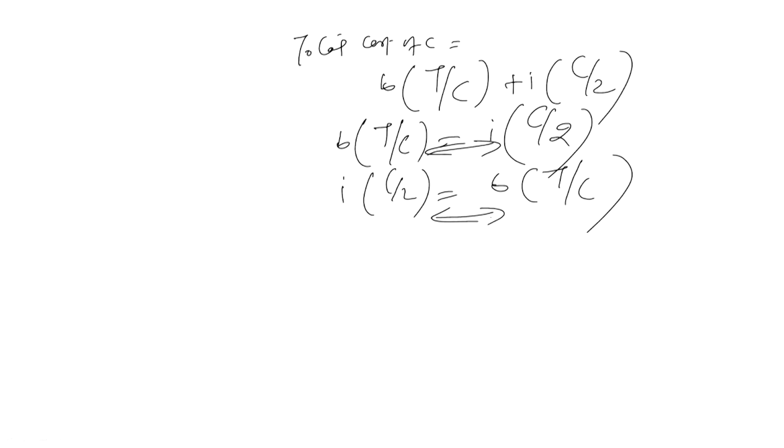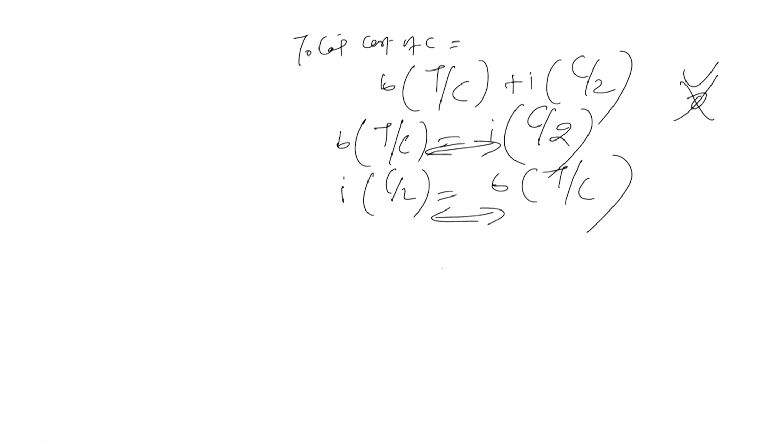We have seen in the previous structure also that where both the costs are equal, they intersect each other. This is the point of minimum cost, and that is the point of C also. Now if you solve this, I into C by 2 is equal to B into T by C.